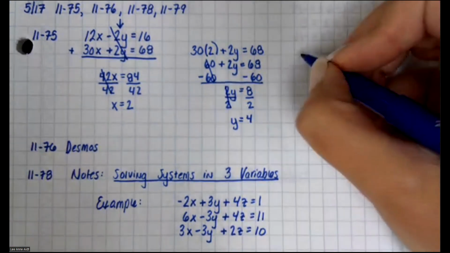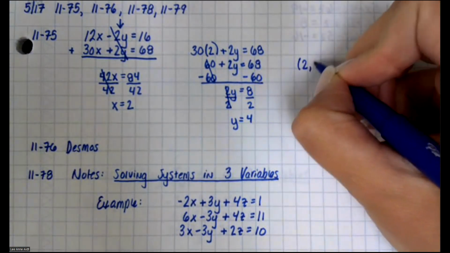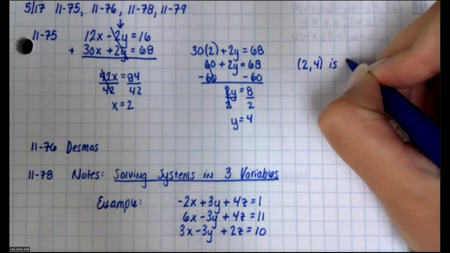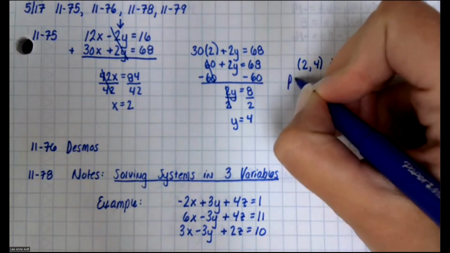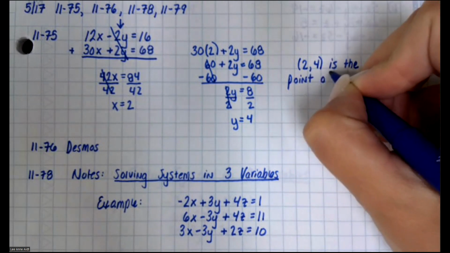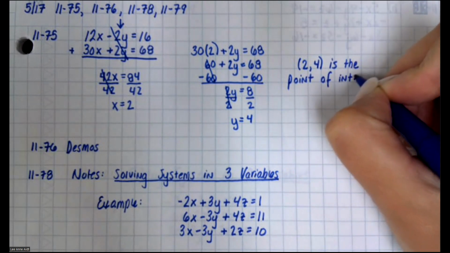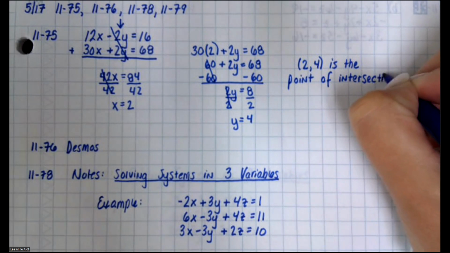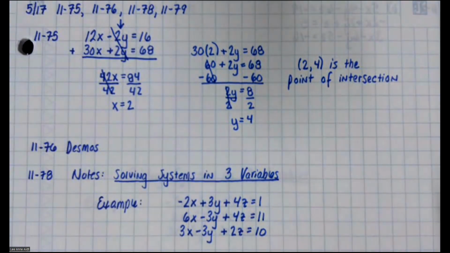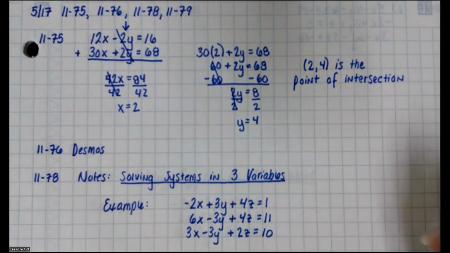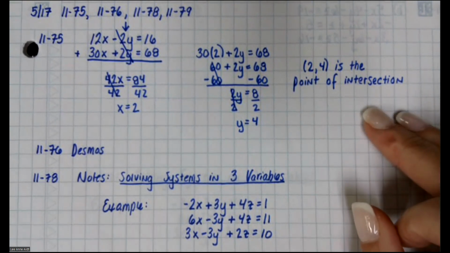Okay, so 2 comma 4 is the point of intersection between these two lines.